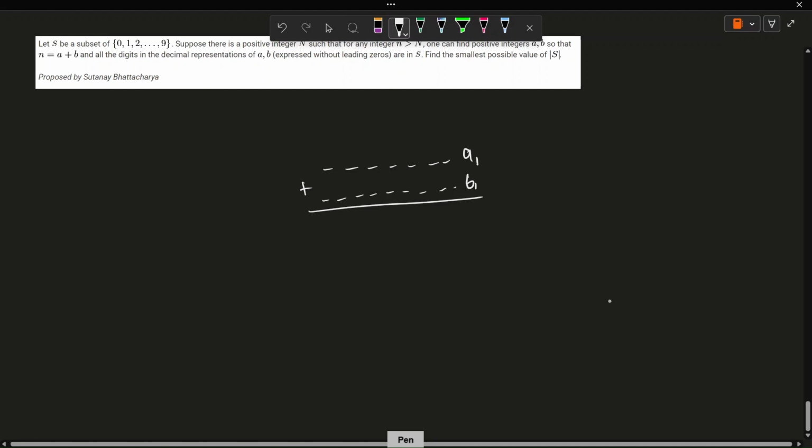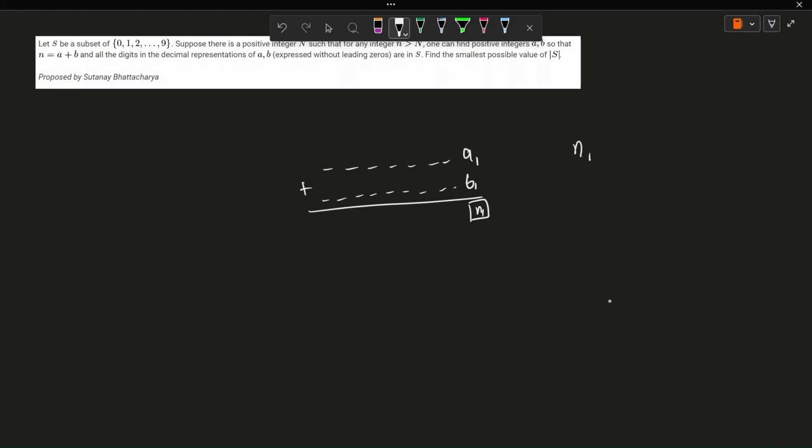So suppose n equals a plus b, and suppose the last digit of a is a1, and the last digit of b is b1. We are adding them. N is greater than the bound N, so we are allowed to choose n, and n can be anything. So the last digit of n can also be anything. Suppose the last digit of n is n1, and n1 can be congruent to any of 0 to 9 mod 10.